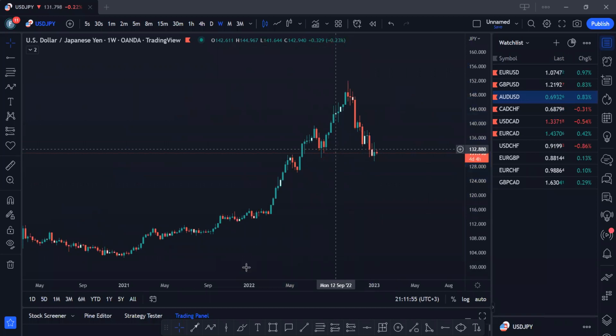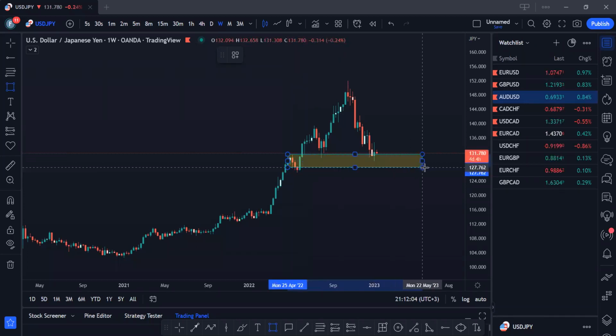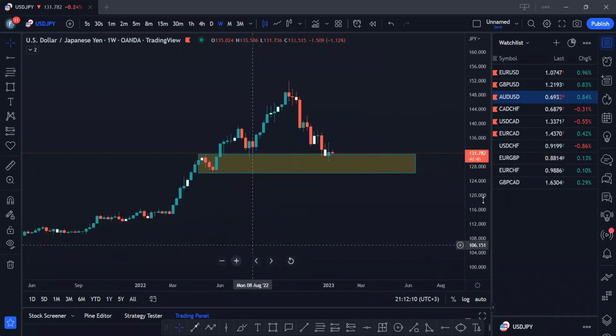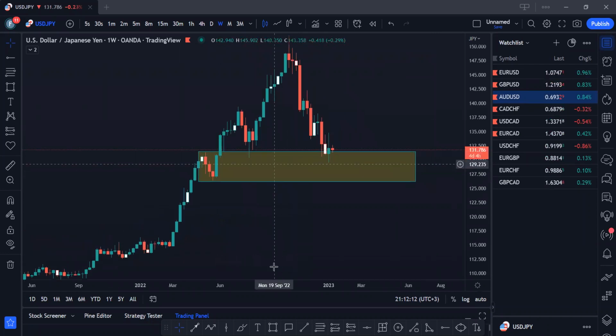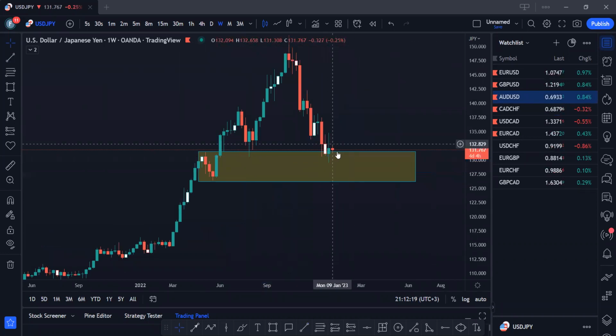Price is retracing, and right now price is reacting to this demand here, this range. We've seen liquidity taken out, like so. So we can look for buy setups on UJ.